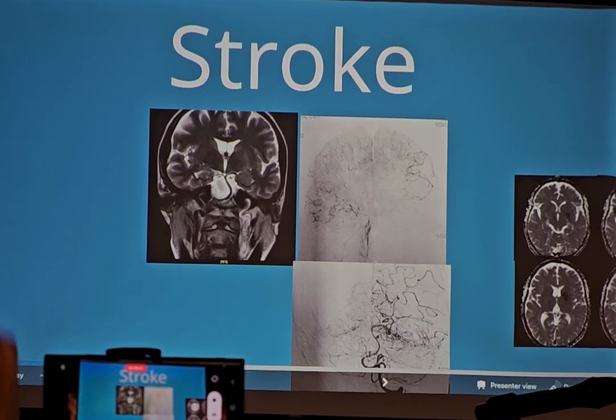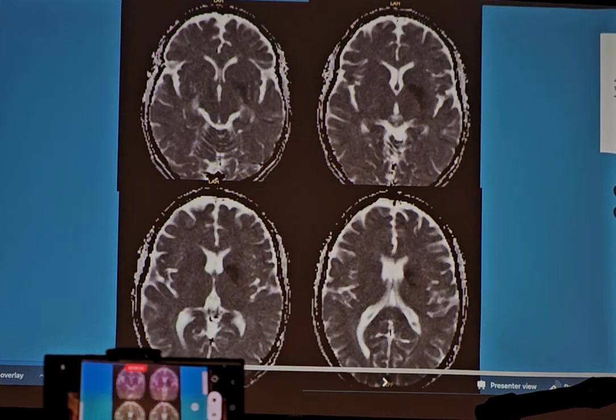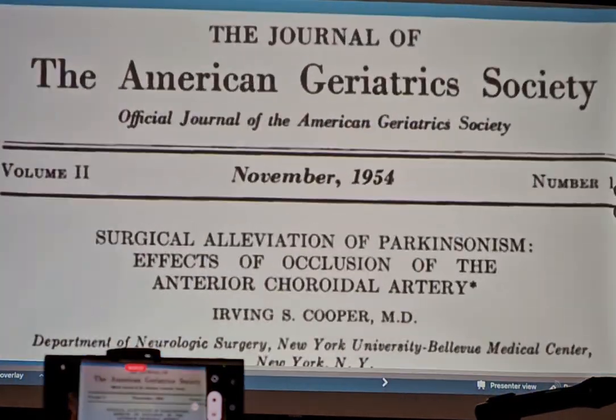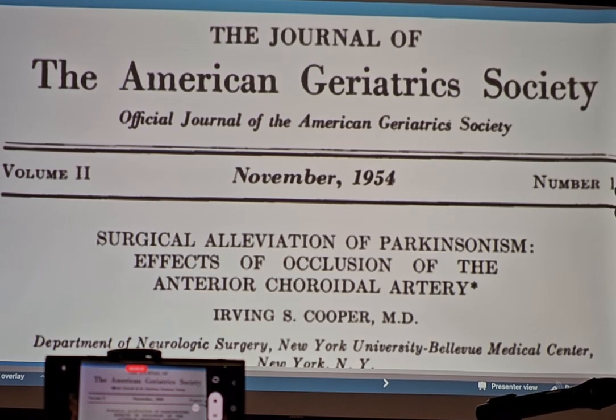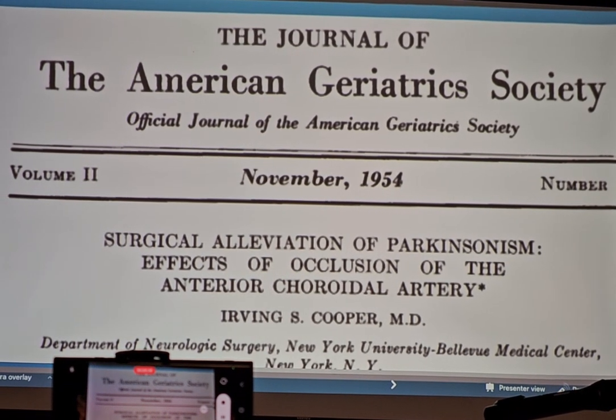The vessel manages to get reopened, but the territory that she loses is, of course, part of the supply of the anterior choroidal artery, which was occluded for a long time. She woke up absolutely fine and made a really good recovery. And that was well known.